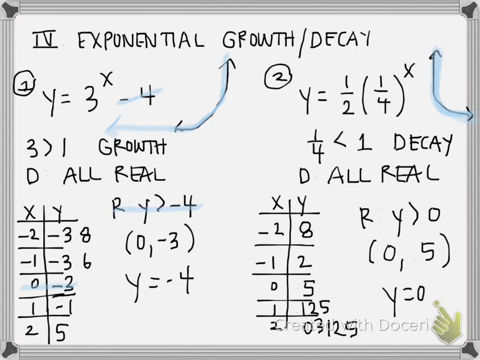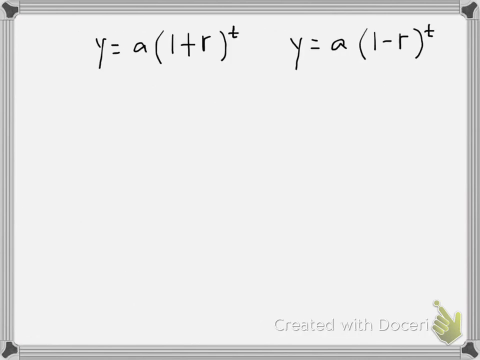Okay, so applications to growth and decay. Remember, we have two formulas, but really they're the identical formulas, and the reason that they're different is because one has a plus sign and one has a minus sign here. The plus sign means that you are going to have a growth, and the minus sign means that you would have a decay, so you would have a decrease in your rate.